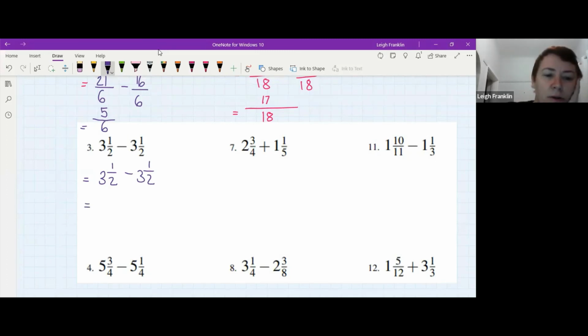Write 1 over 2 again, down. I don't understand what you mean. So I've written 3 and 1 over 2. Okay.